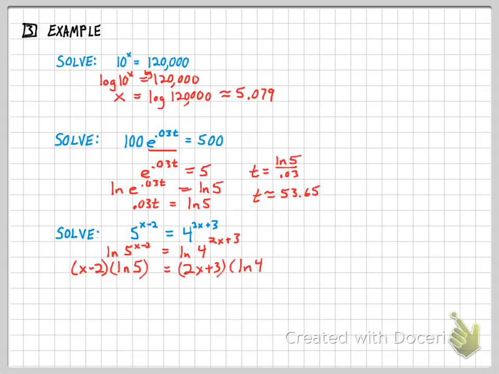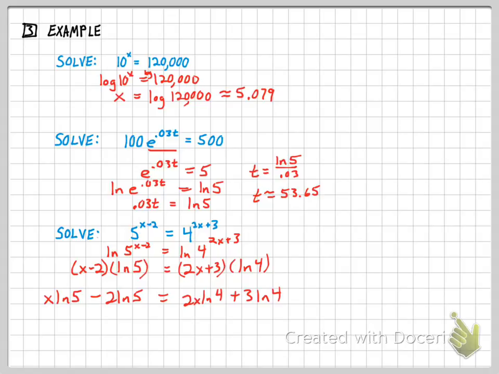Now I've got some work to do in this problem, but remember that log 5 is a number, and you're going to treat it as such. So in this left side of the equation, I would distribute. So I have x log 5 minus 2 log 5. And on the right side of the equation, I have 2x log 4 plus 3 log 4. Things start getting messy.